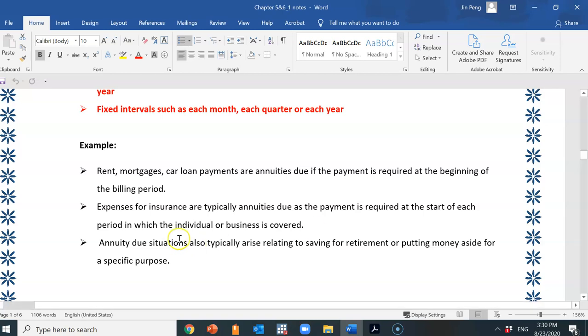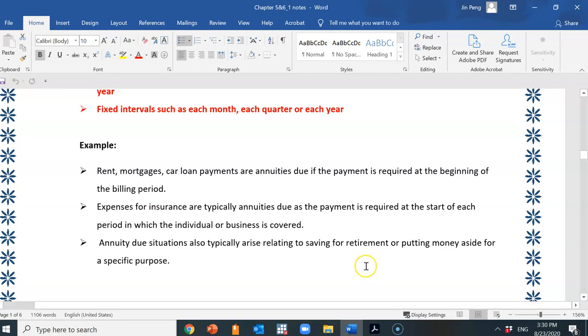For example, if you're purchasing insurance that requires you to put a fixed amount into your account at the beginning of each month, that could be annuity due. Or if you have a retirement fund and you plan to put, say, $2,000 every month into the account for 30 years, that could also be annuity due.